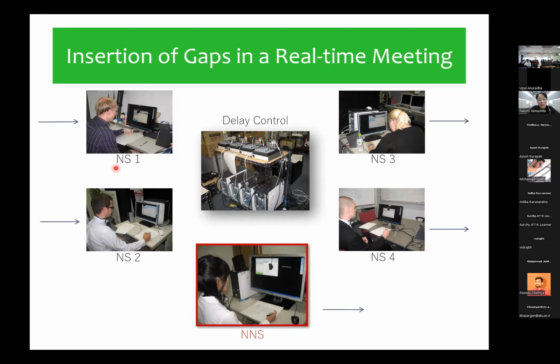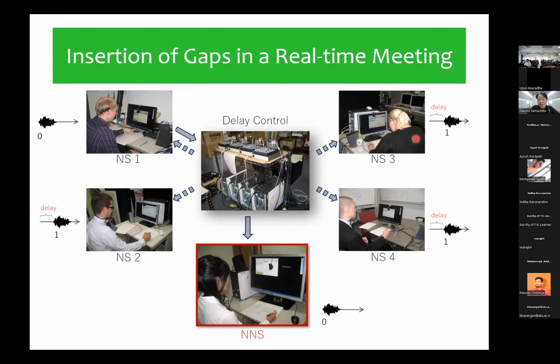Let's say there are 4 native speakers and native speaker 1 talks at time 0. His speech is delivered directly to the non-native speaker at approximately time 0. However, the other native speakers hear his speech at time 1 with a small amount of delay.